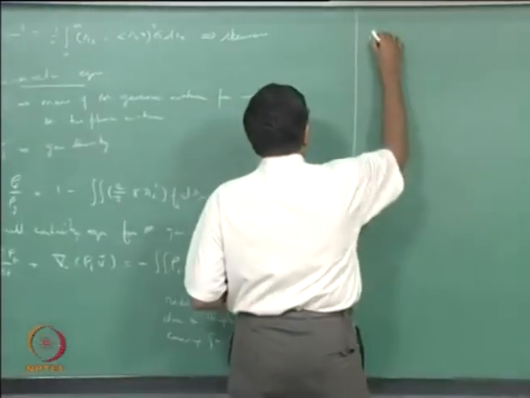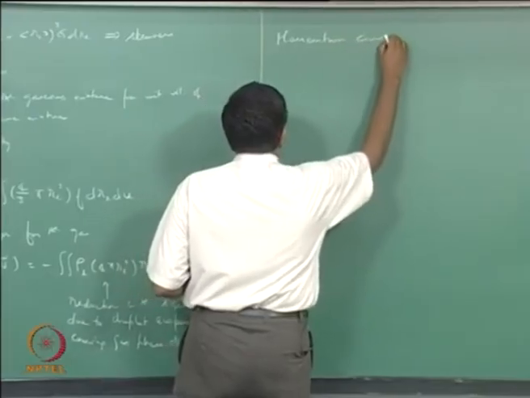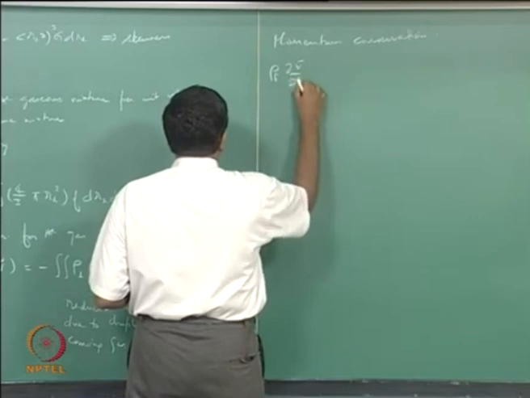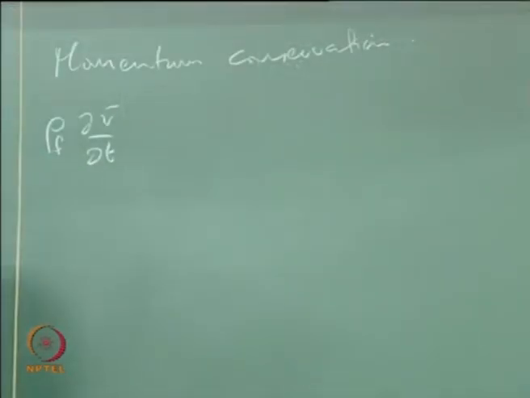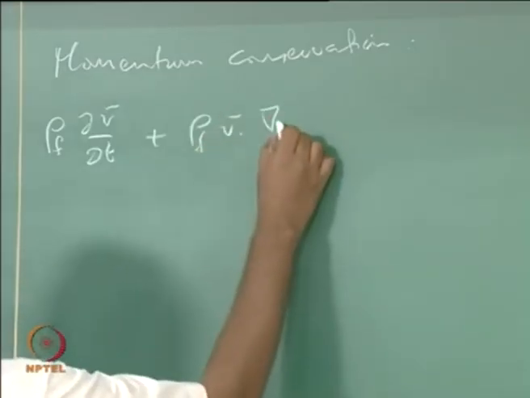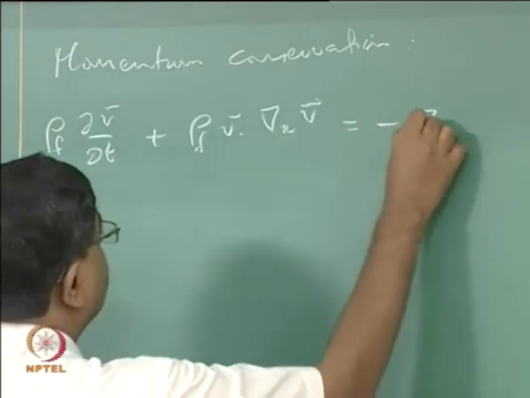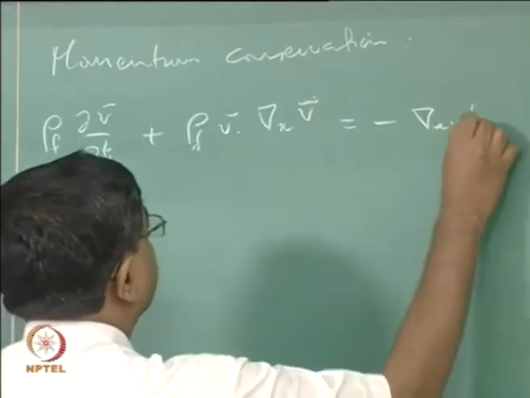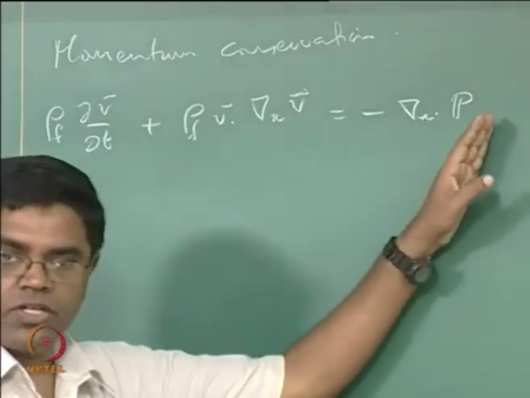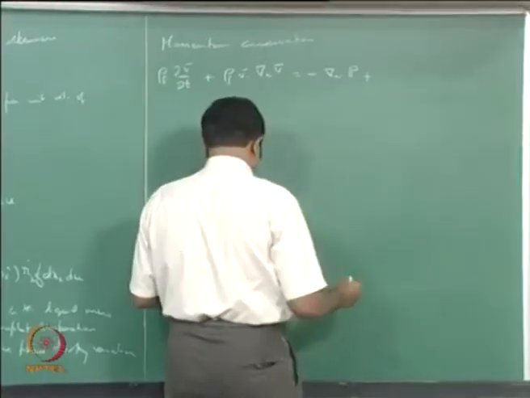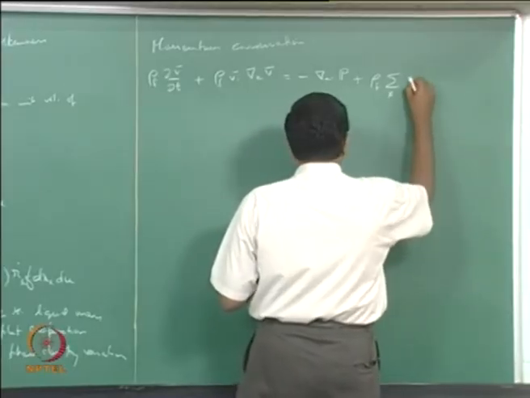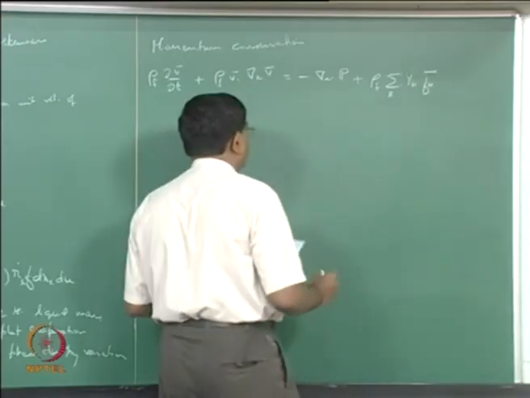So the momentum conservation is: rho f times the partial derivative of v vector with respect to time plus rho f v vector dot divergence with respect to x of v is equal to minus divergence with respect to x of the stress tensor, including the normal stress, namely the hydrodynamic pressure, right, plus rho f sum over k of yk fk, that's the body force.